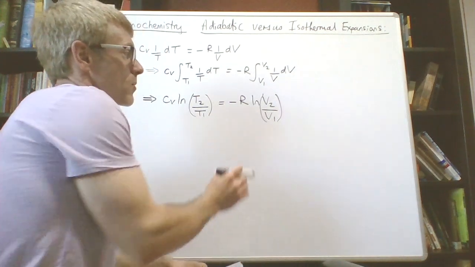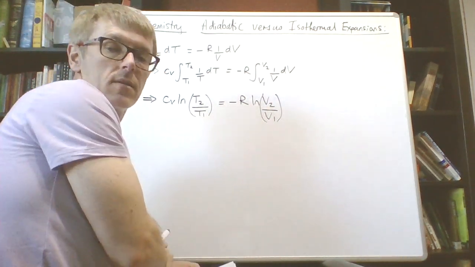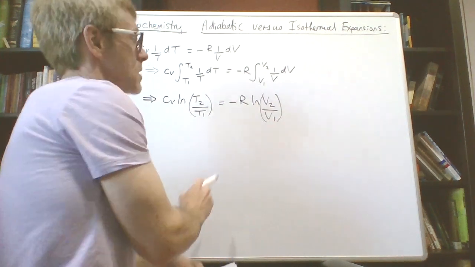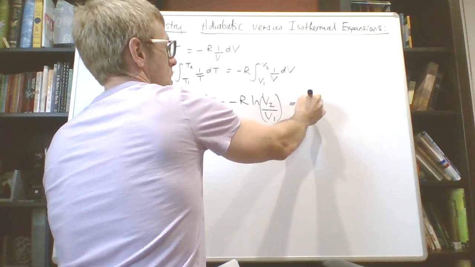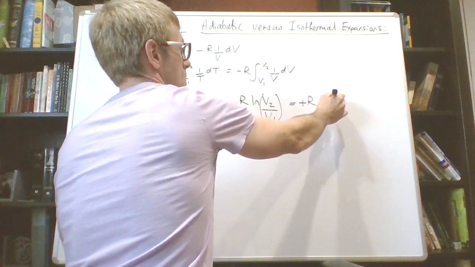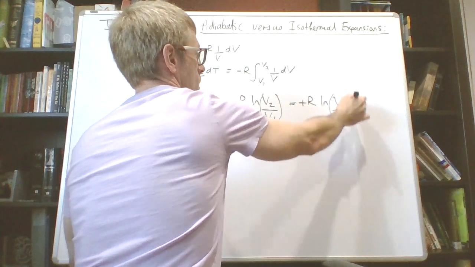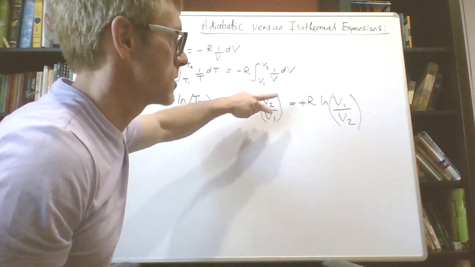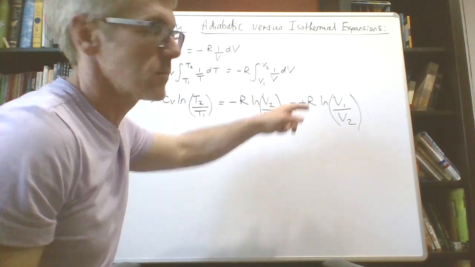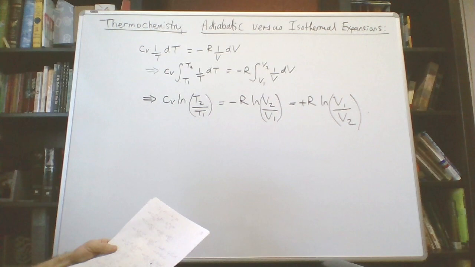We know from our log rule, if I change the sign of the log, I log the inverse argument. So this is equal to positive R log V1 over V2. Again, if I change the fraction here, I change the sign of the log. Okay, so we've got everything positive.